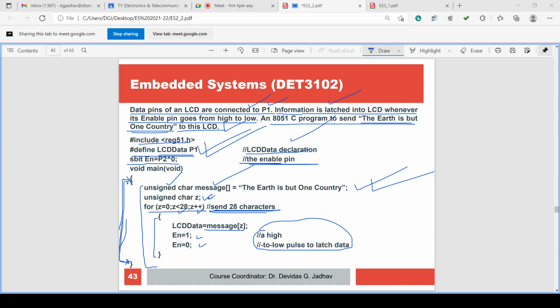LCD display enable is used for latching that data into the LCD module memory, and once the data is saved into the LCD module memory we can have the display of whatever characters we have sent to the memory of the LCD module.